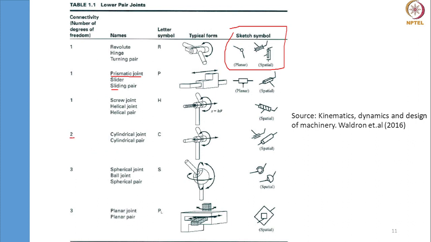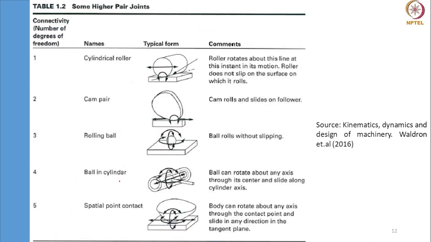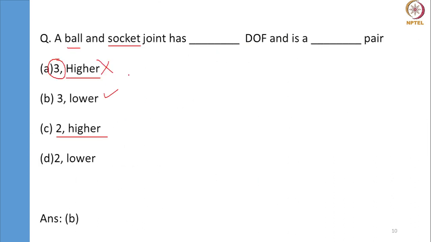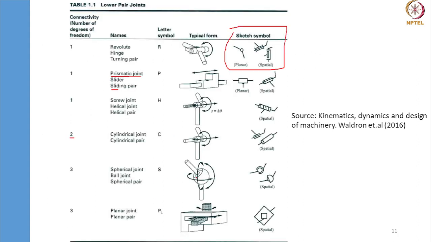A spherical joint or a ball joint, you can also call it a ball and socket joint, has 3 degrees of freedom, and it is also a lower pair as we have discussed in the previous section. And also a planar joint. It also has 3 degrees of freedom, two translational and one rotational. So a planar joint also has three degrees of freedom.